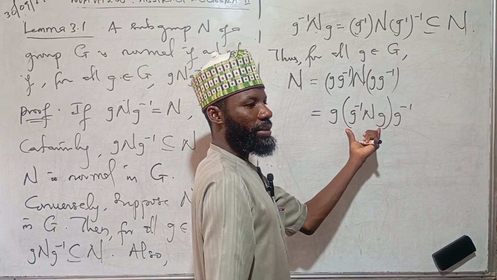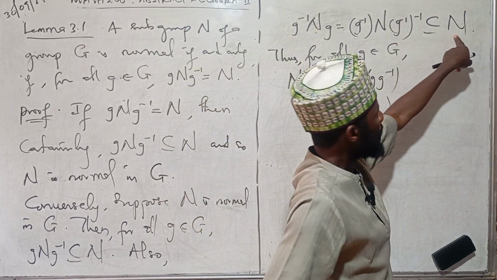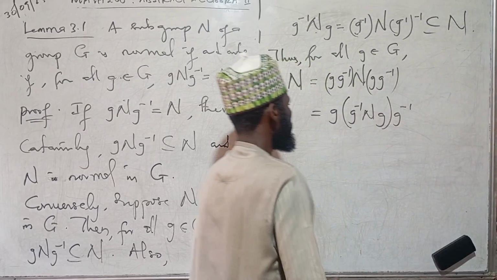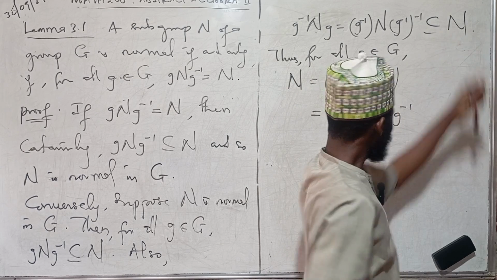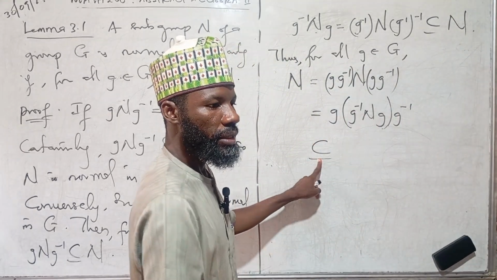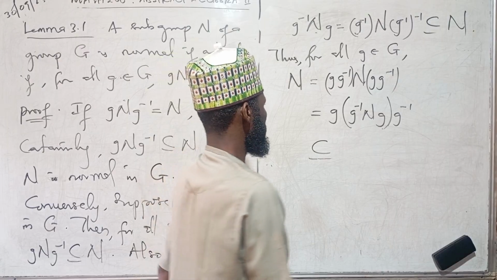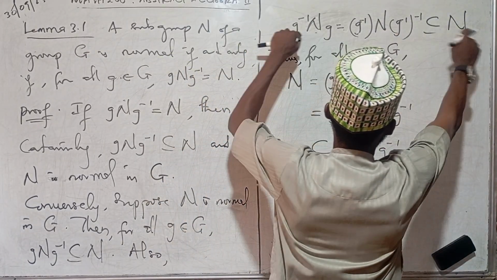But the part in the bracket is a subset of N. Are you following? If I replace this smaller set with the bigger set N, the equality becomes an inclusion: it is a subset of gNg inverse by what I have up here.